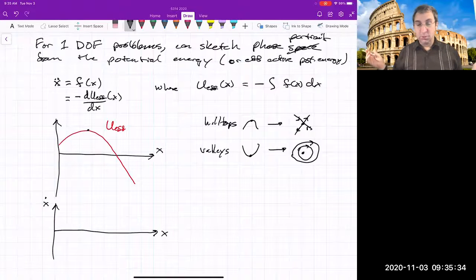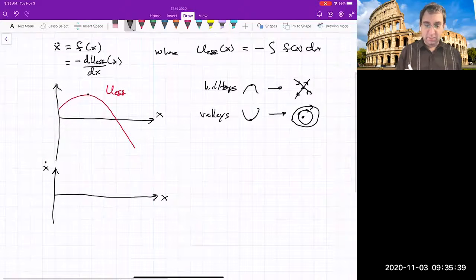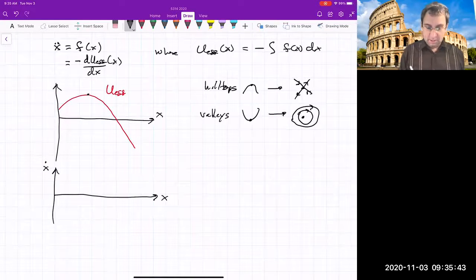And then you can put those two types of things together. So for this effective potential energy that I've plotted in red, at least for the portion I've plotted, there's just one hilltop. And I can say, okay, it's here. There's the hilltop. So locally, I know this looks like a saddle point.